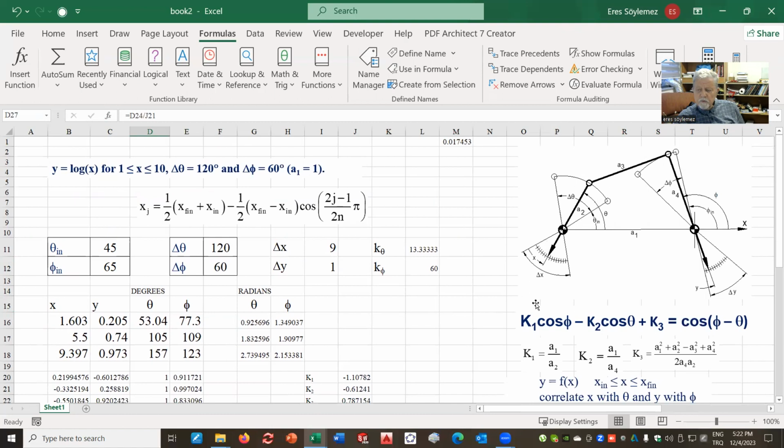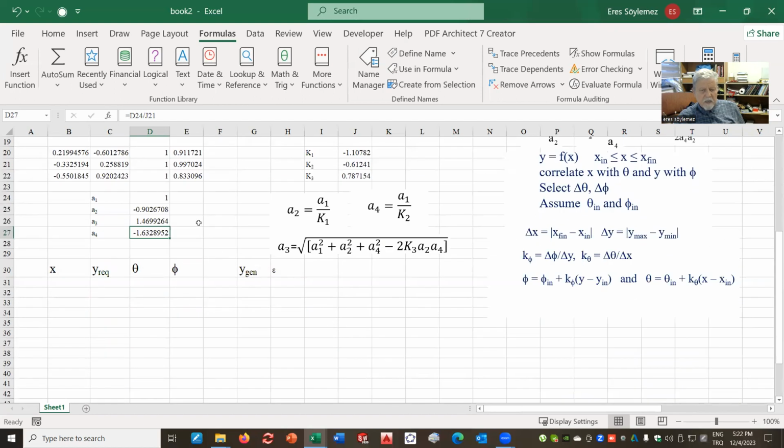This revolute joint will be on the other side. So you have to add 180 degrees to theta initial. That's what it means. So what I will do is, I will select minus, make it a positive. But I have to know that it is negative initially.